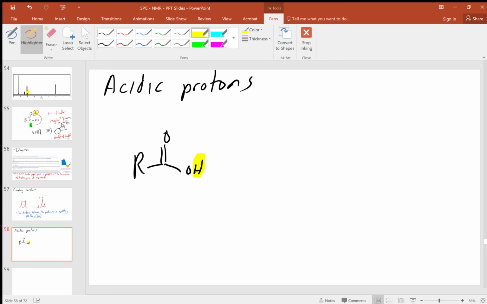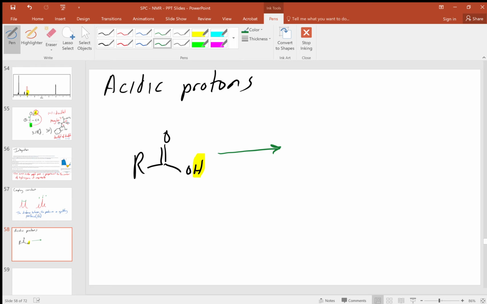And in a proton NMR, it's the only thing that shows up that far. Except for one problem. What do we know about carboxylic acids? Well, they are in general acidic. In addition to being acidic, we know that they're polar.